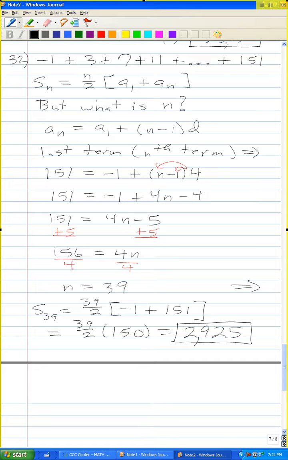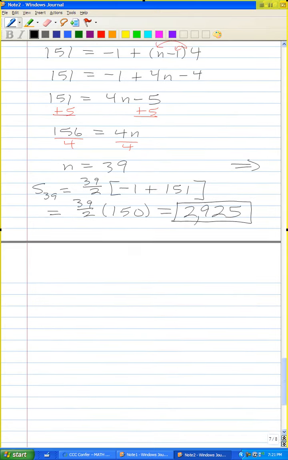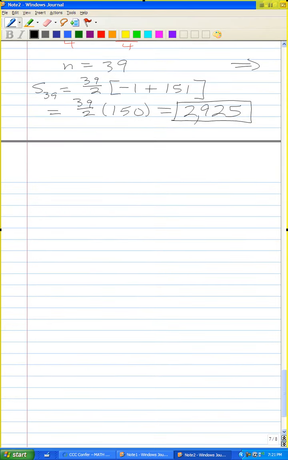Problem 34. 1, 3, 5. Oh, this is a nice one. In exercises 34 through 36, find a formula for the sum of the first n terms of the arithmetic series whose first few terms are given.